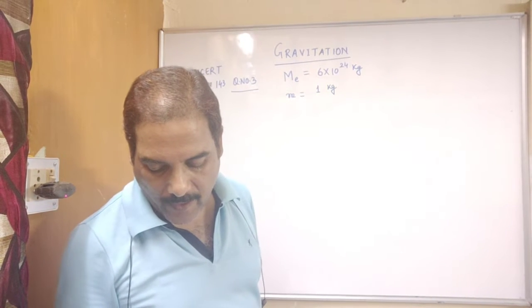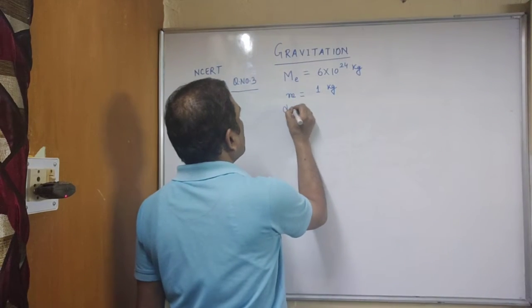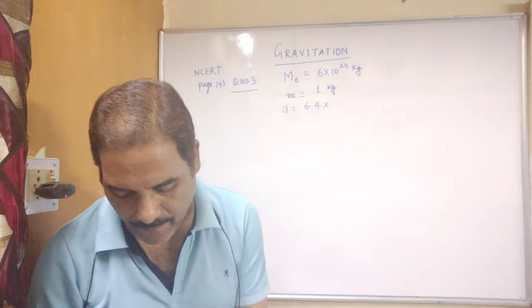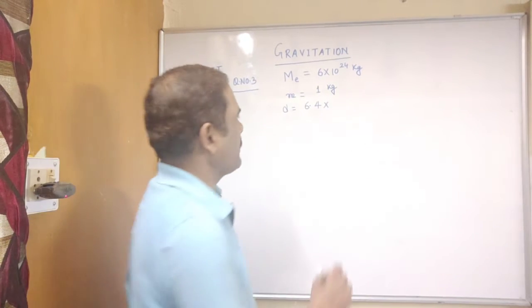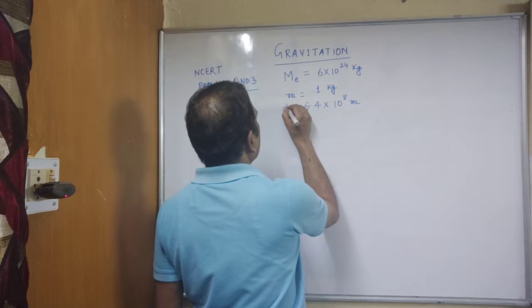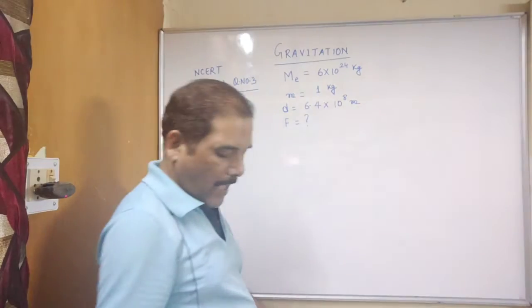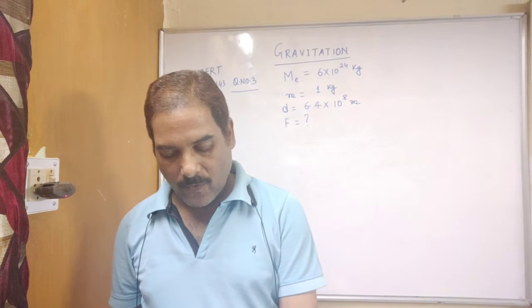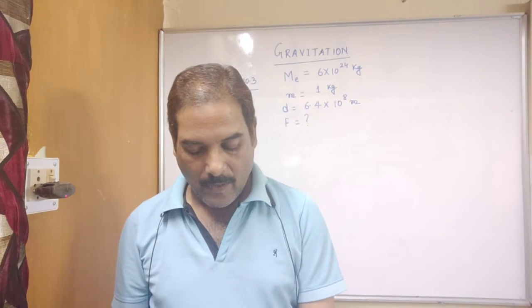And the radius of earth is given, that is distance between them is given. So D is 6.4 into 10 to the power 8 meter. And what you have to calculate? Force between them. I am reading the question once again. What is the magnitude of gravitational force between the earth and a 1 kg object on its surface?